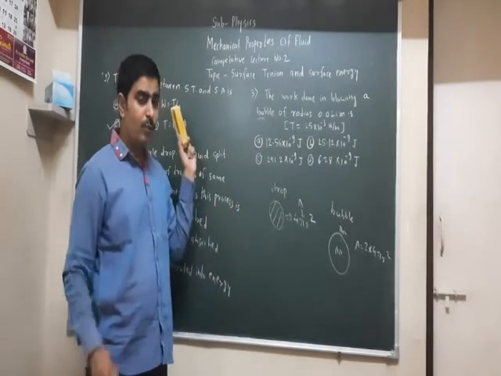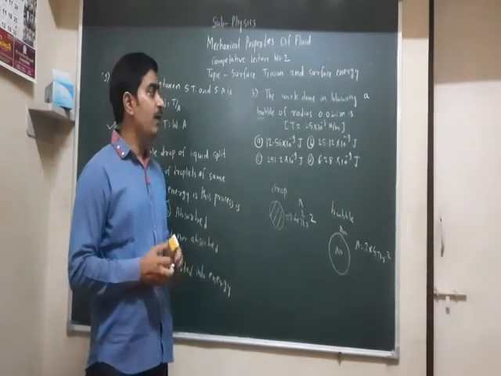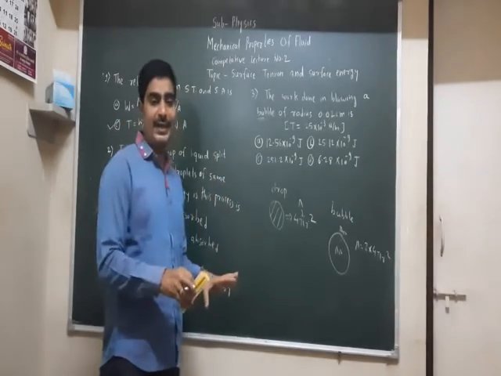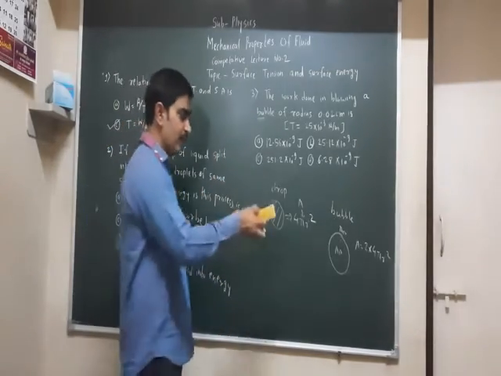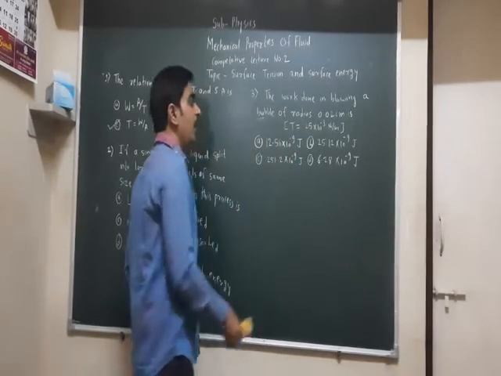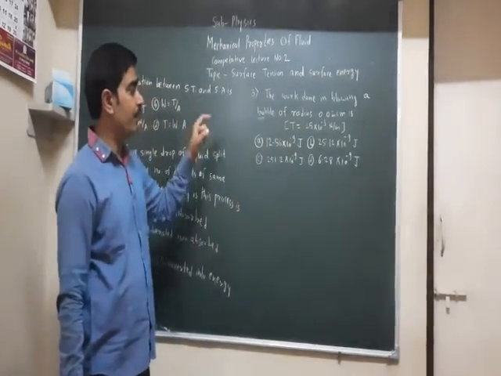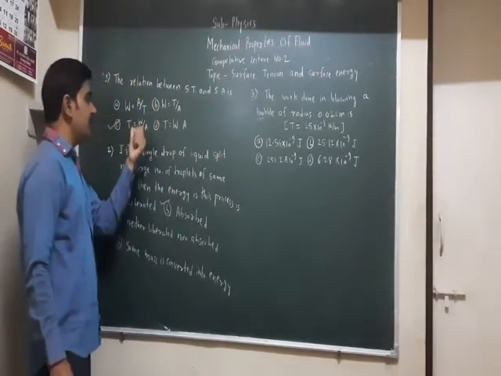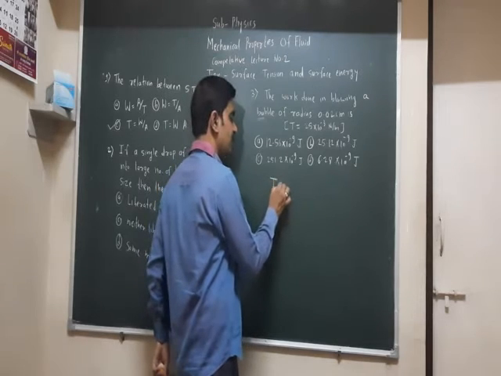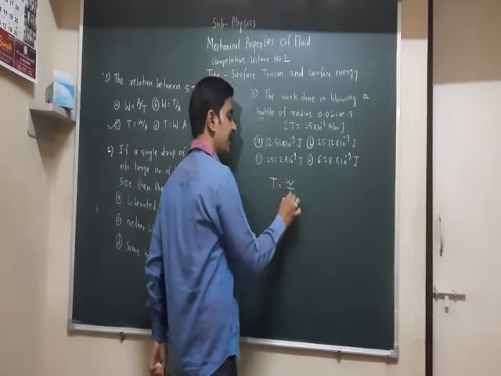So you have to read the questions very carefully whether it is for a liquid drop or a bubble. Once you are clear with the idea, then there is no confusion when solving the mathematical parts. Now in this question, we have to calculate the work done. If we correlate with the first question, then we can use the formula surface tension is equal to work done per unit area.